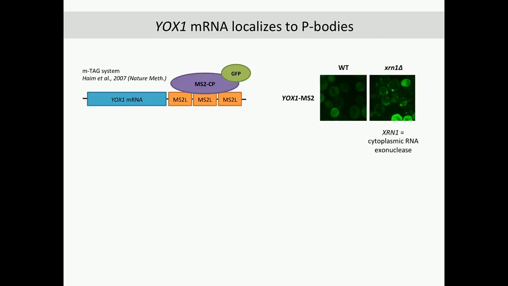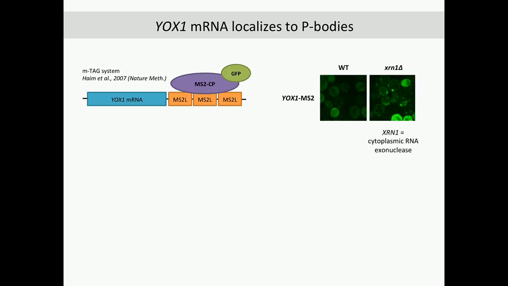Sorry. So the first thing that we wanted to check was whether we could detect YOX1 transcript at P-bodies. So for that we used the MTAC system, which basically uses an mRNA binding protein fused to GFP, and this mRNA binding protein can bind to repeats that we integrated in the 3' UTR of YOX1.